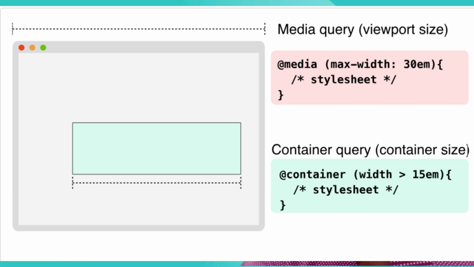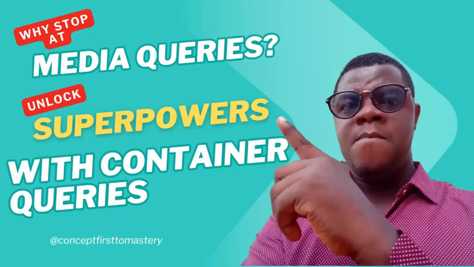It's going to give us more power and flexibility, and we are going to have a very dynamic layout, and that is what container query gives to us. You can't be left behind. You just have to take time to learn it, and it's not that difficult.